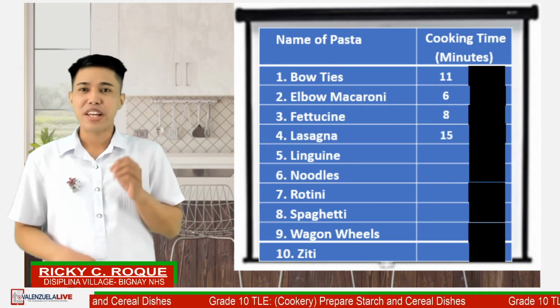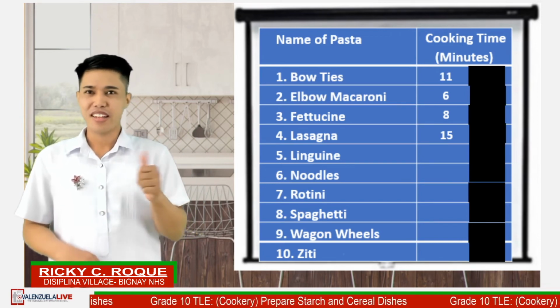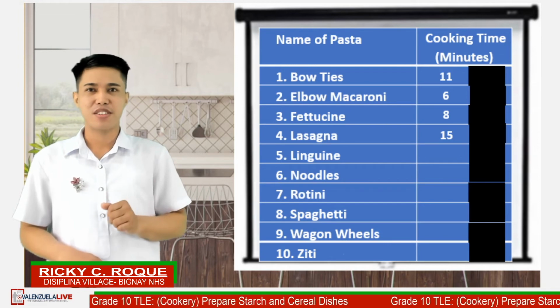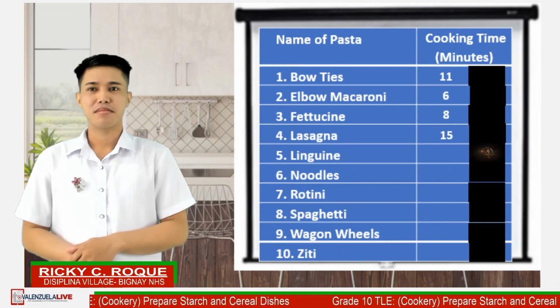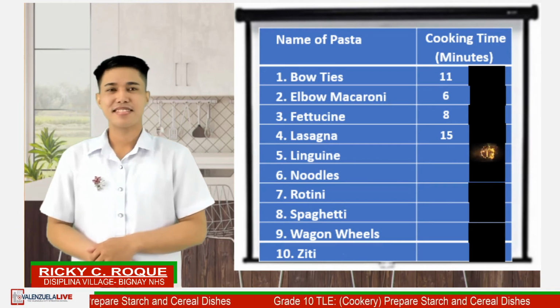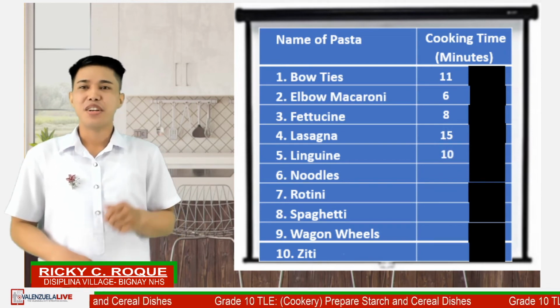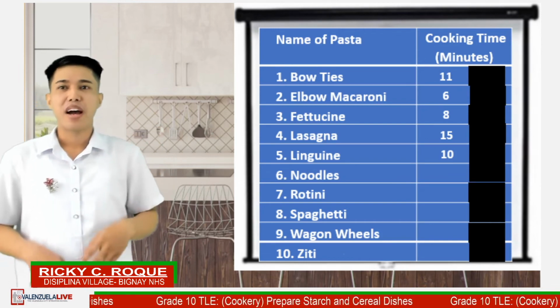Lasagna has a cooking time of 15 minutes. Great! Number 5, linguine for 5 seconds. Okay, linguine has a cooking time of 10 minutes.